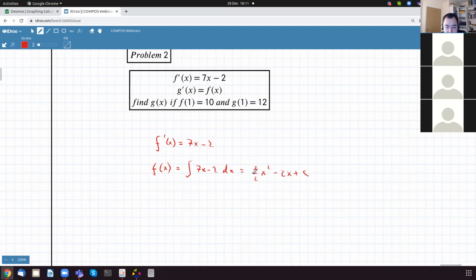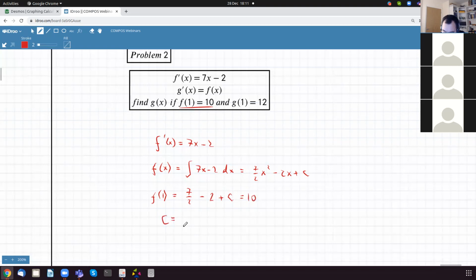Plus c, and we can find c. They told us that f of 1 is 10, so we're going to use that. F of 1 is 7 over 2 times 1 squared minus 2 plus c, and this is equal to 10. So we can find c.